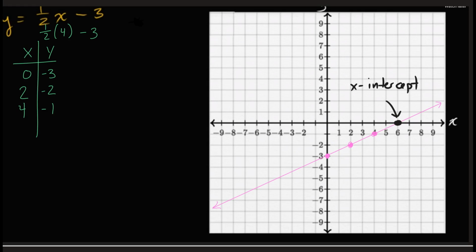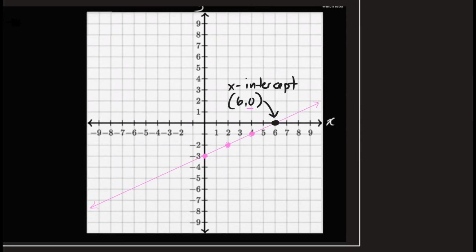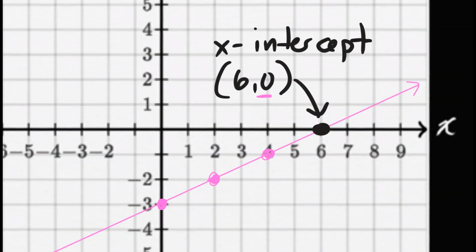This point is 6, 0. That's my x-intercept. And in fact, whenever you have an x-intercept, your y value will always be 0.